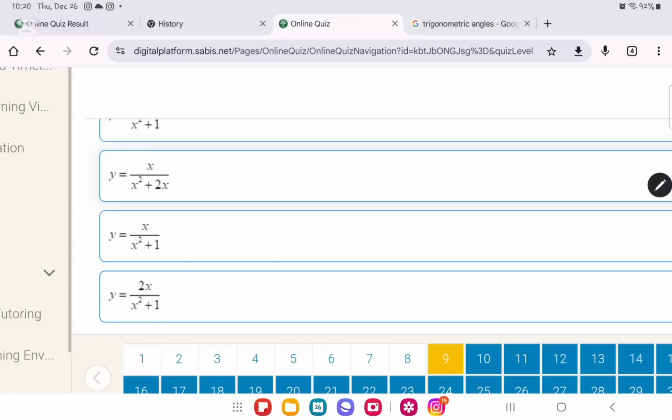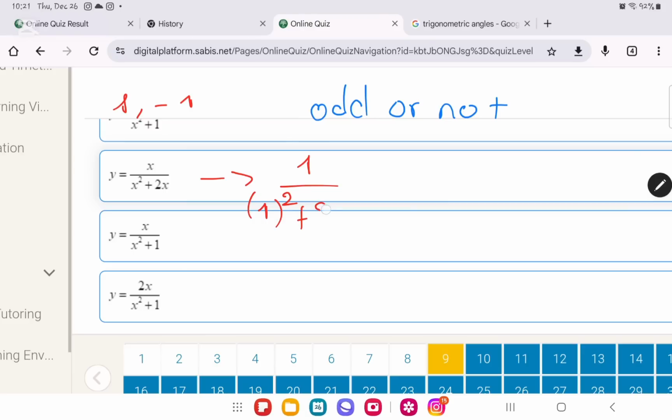Moving on to the next one, we continue the game of odd or not. Again, we choose the two numbers, 1 and -1. Starting off with 1, we have 1 to the power of 1 divided by 1 to the power of 2 plus 2 times 1. This gives us 1 divided by 1 plus 2, which is 1 divided by 3.